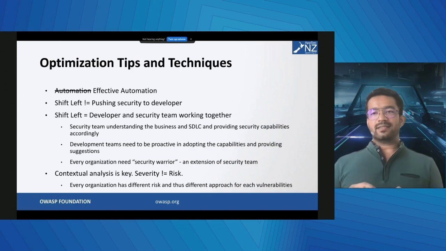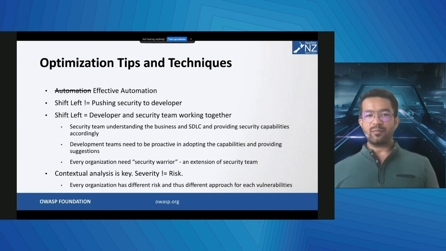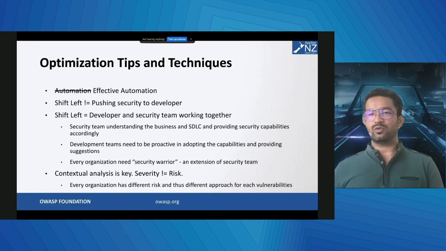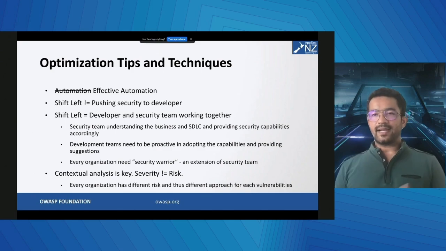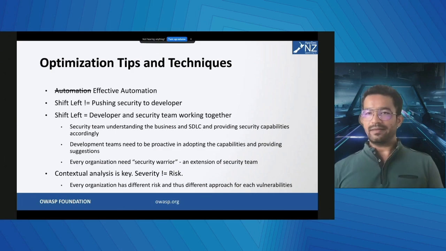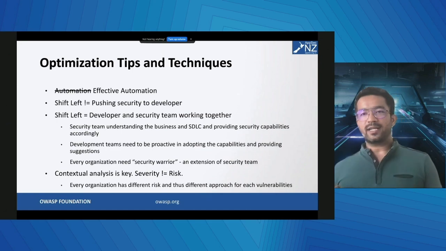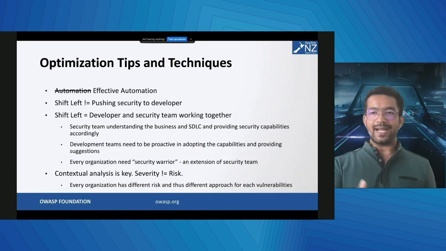So it's the responsibility of the development team as well to be proactive in that and adopt it, and more importantly provide feedback, suggestions and complaints whenever that capability is getting adopted. Again, in the case of secrets, you might say that it's reporting 90% false positives. Then it would help the security team to understand how we can reduce that.